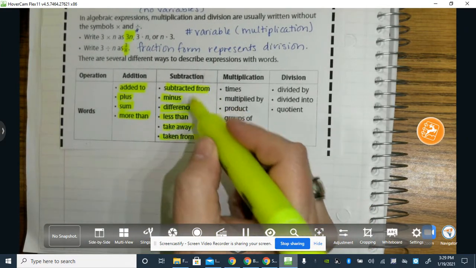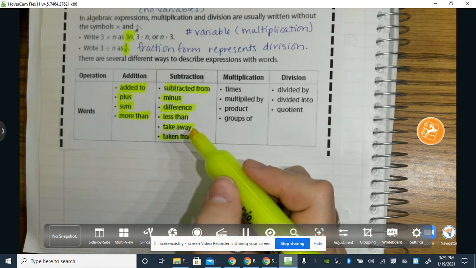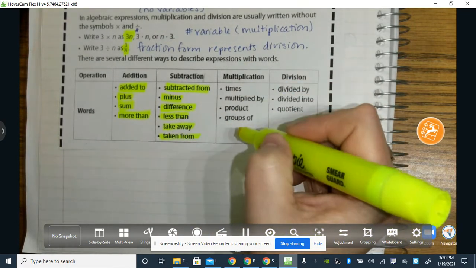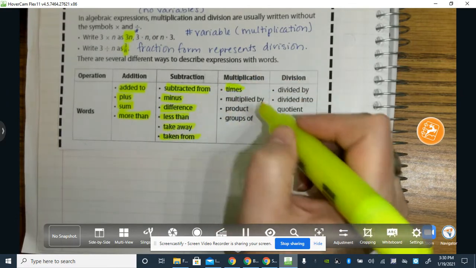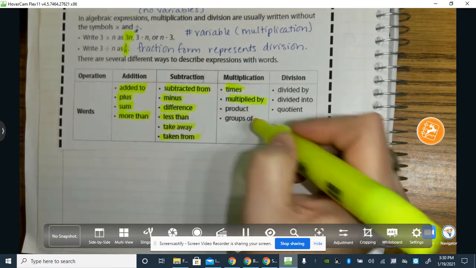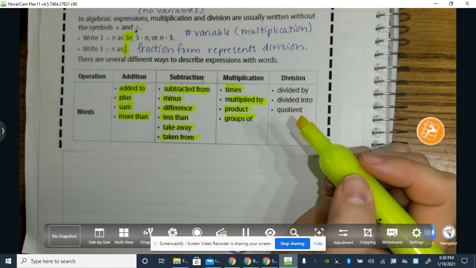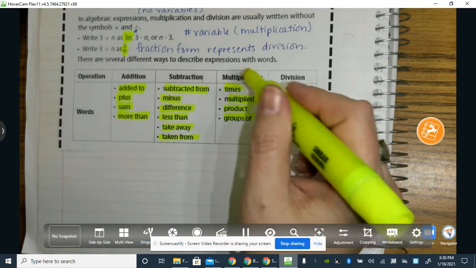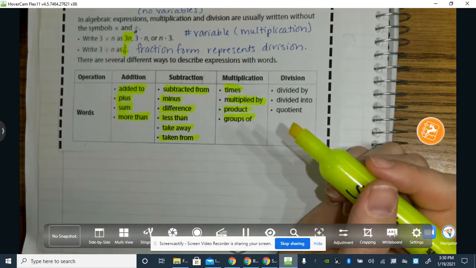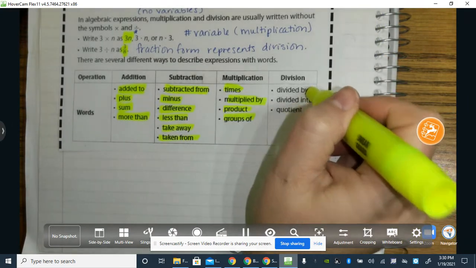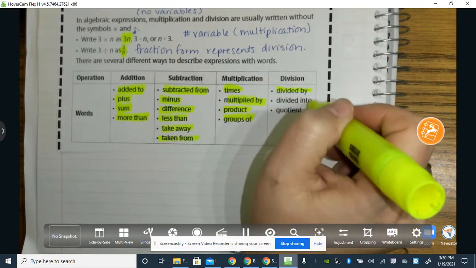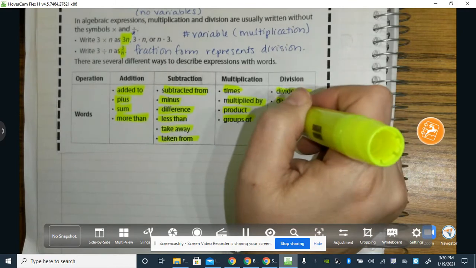Okay, so these words are associated with subtraction. The words associated with multiplication are times, multiplied by, product, and groups of. Again, these words are associated with multiplication. Finally, we have division, which is divided by, divided into, and quotient.